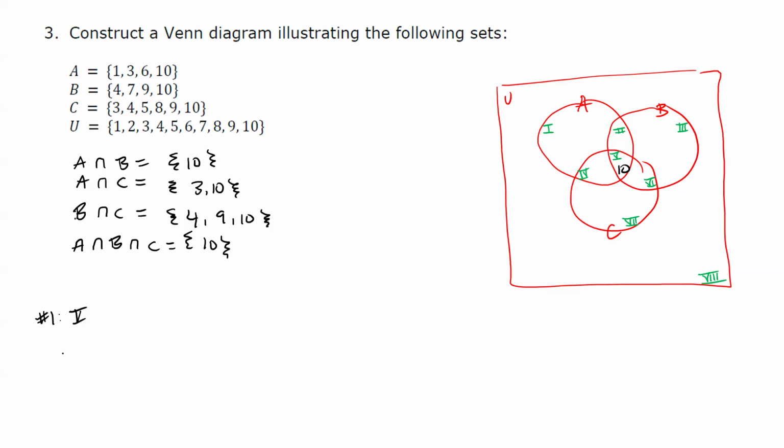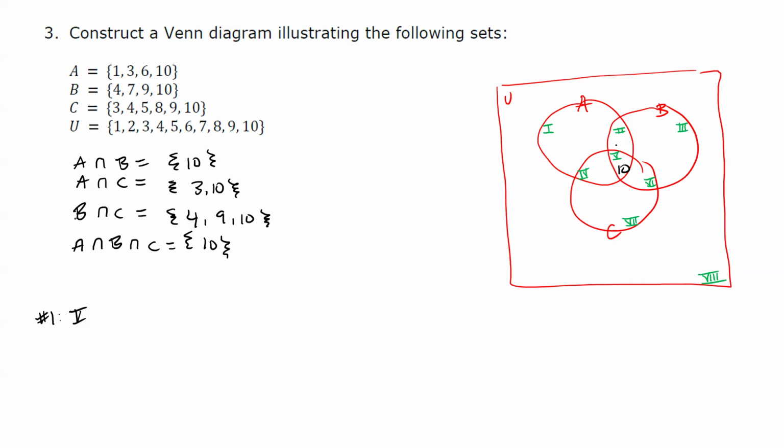Okay, next I'm going to start with my other intersection parts. So this would be A intersect B, sorry, not union, there's no union. A intersect B, which is also 10.